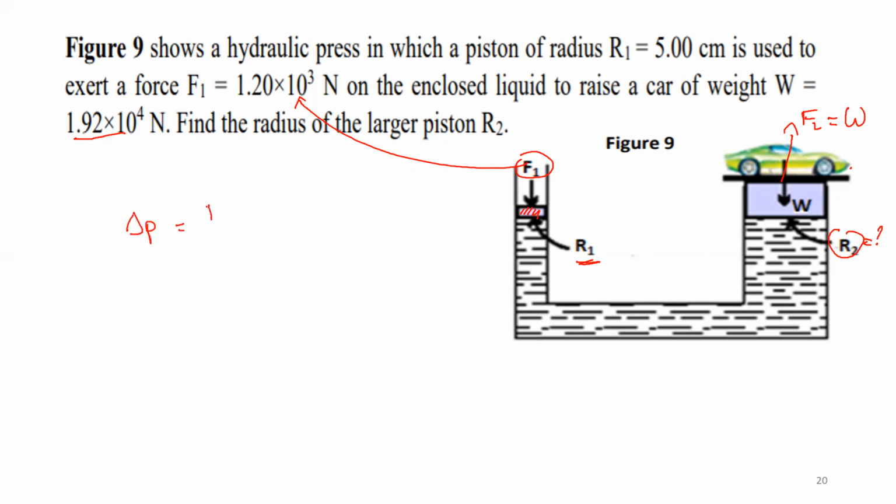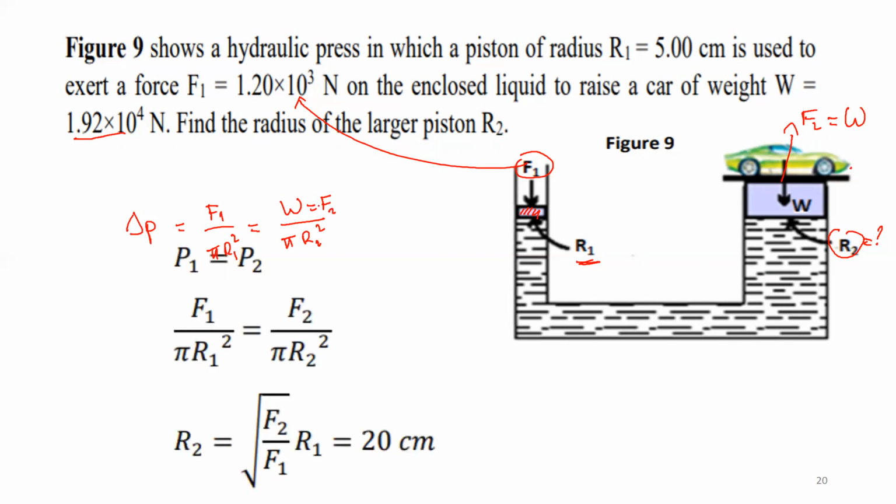Of course, you will have F1 divided by this cross-sectional area, which is pi R1 squared, should be equal to the pressure here, which will be the weight at least, divided by pi R2 squared. And of course, this force F2 should be at least equal to this weight or bigger. Okay, so that's it. So here F2 will be the weight, of course. My only unknown will be R2, and then R2 should be this.